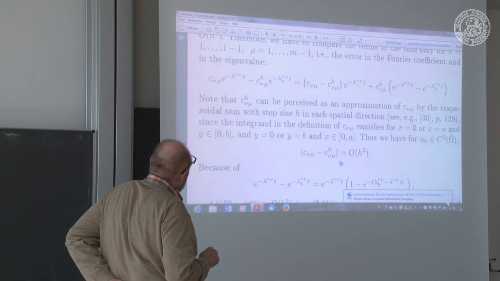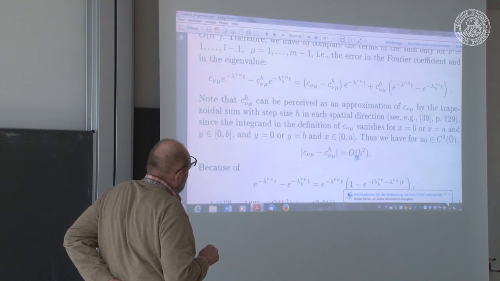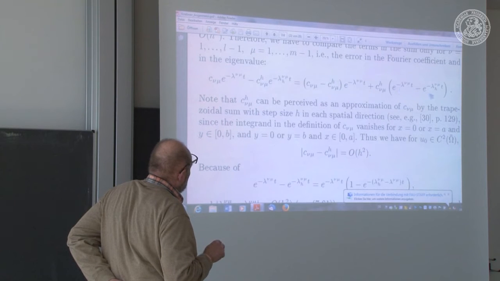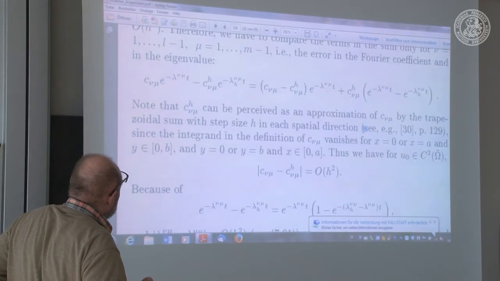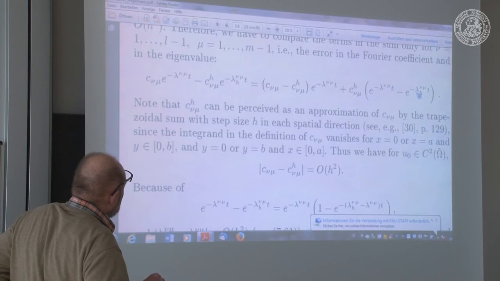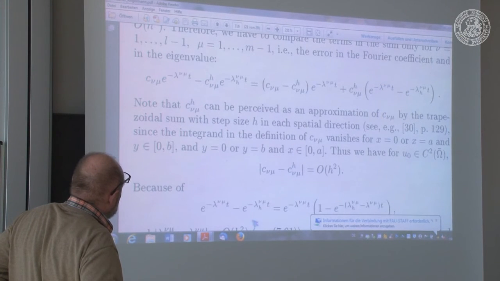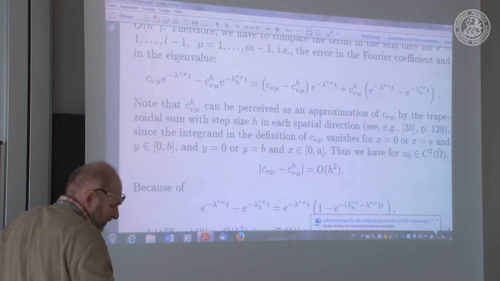For the eigenvalues we have seen already, there's an order of convergence like h squared. The other term does not harm it. And here we have to look at the deviation. And this goes then over to this term here by this argument. And then, additionally, we have to look at the deviation in the Fourier coefficients.